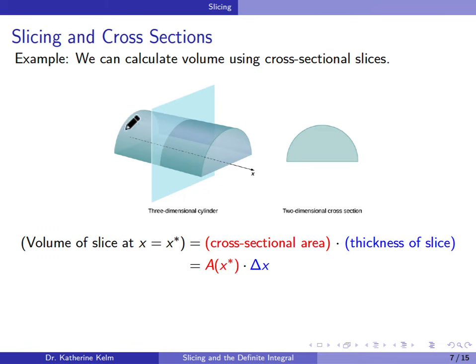So we can imagine that if we wanted to find the volume of this entire solid from x equals a to x equals b, that we could choose an arbitrary representative value in between called x star, and then this slice has thickness delta x.